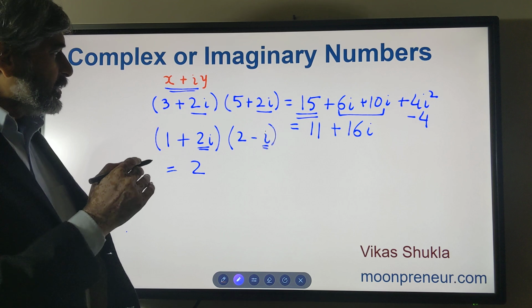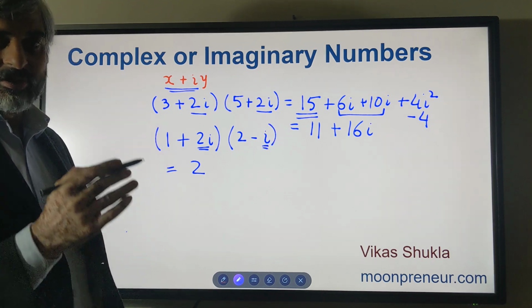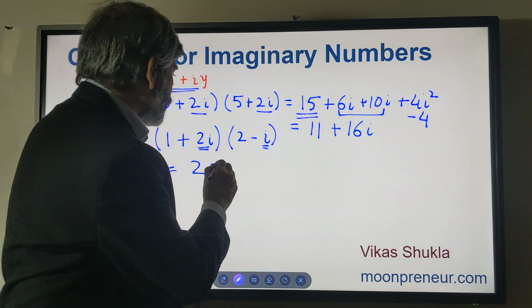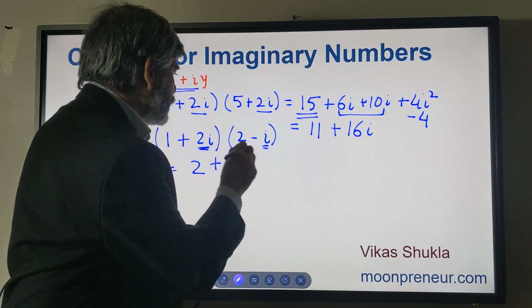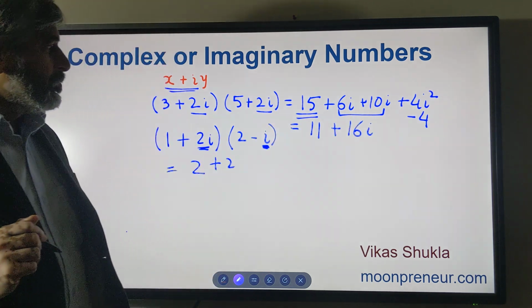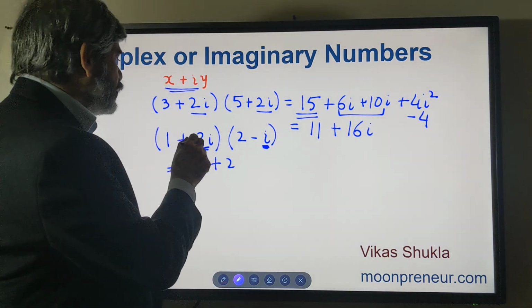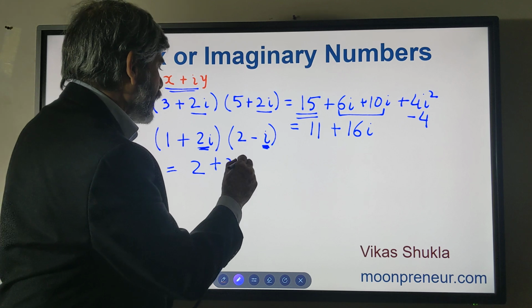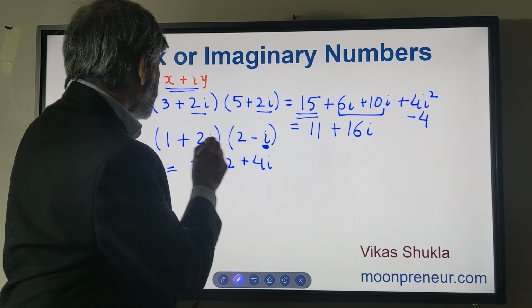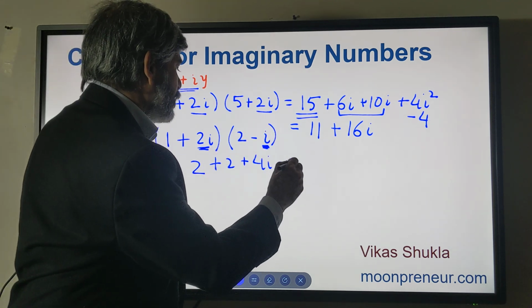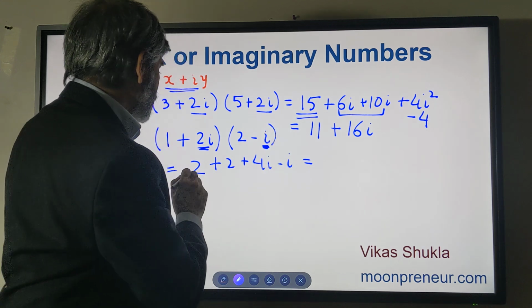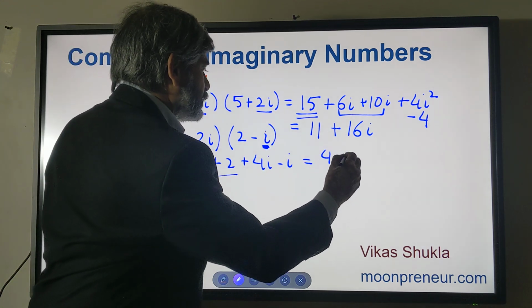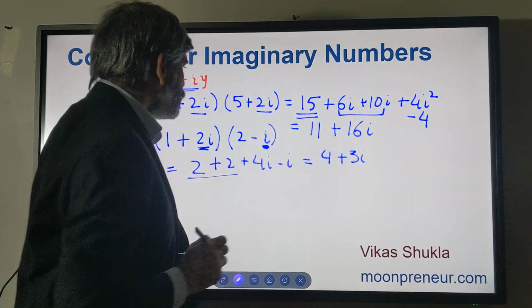It's going to be minus 2 into minus 1, because i squared is minus 1, so we have plus 2. So these multiply to give you plus 2. And then 2i multiplied by 2 is 4i. And then 1 multiplied by minus i is minus i. So the answer is 4 plus 3i.